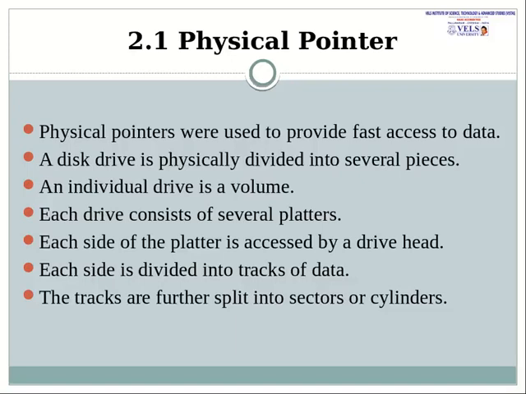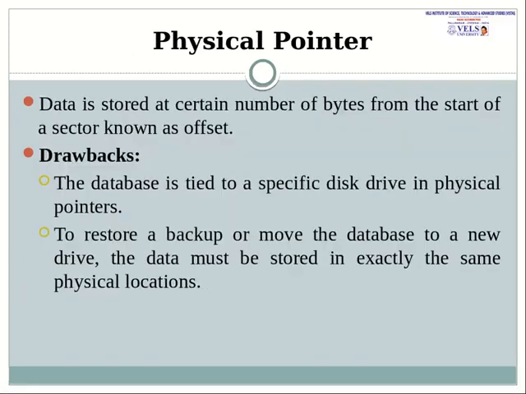So the data will be stored in the tracks and sectors. The physical data is stored a certain number of bytes from the start of the sector, which is called the offset value. A drawback of physical pointers is that the database is tied to a specific disk drive.